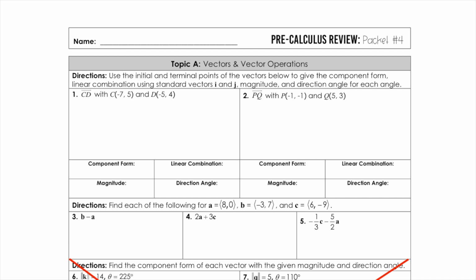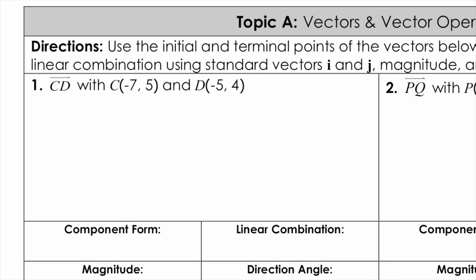But just kind of a reminder, a vector is a representation of both direction and magnitude. And so it is represented by a starting point and an end point, or an initial and terminal point. When we're looking at coming up with a representation of these 2 points, we had them in two forms.